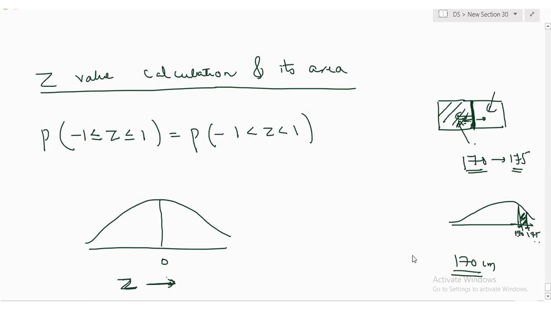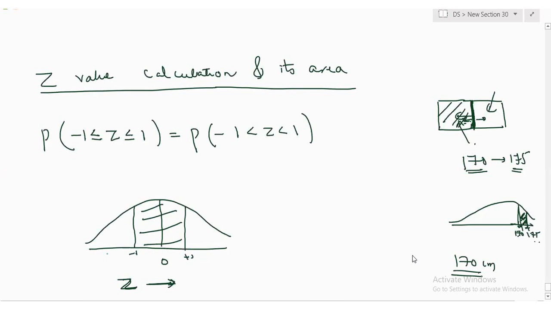Yes or no? So what he is asking, I want the area between -1 to +1. So -1, where is it going? -1 goes here, and +1 goes here. So he wants this area. All are clear? You always follow this step.